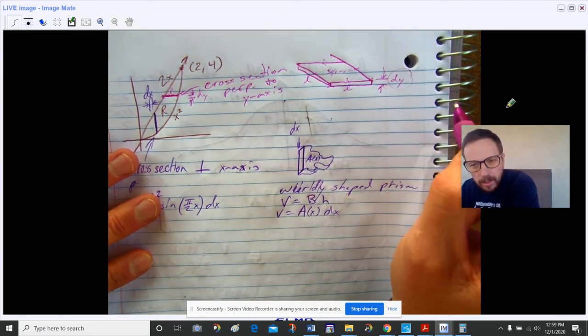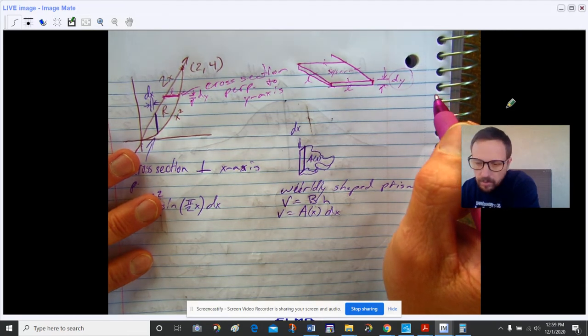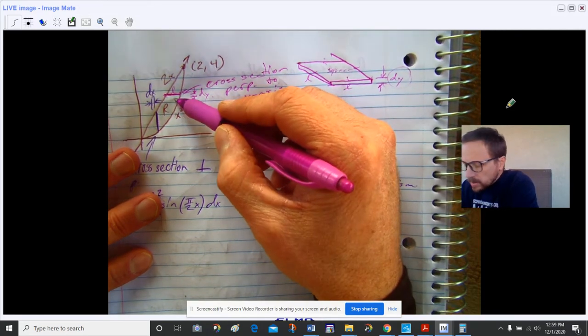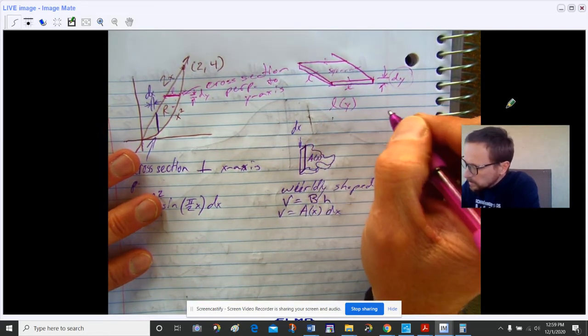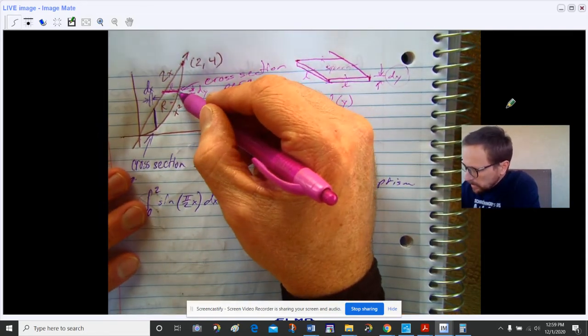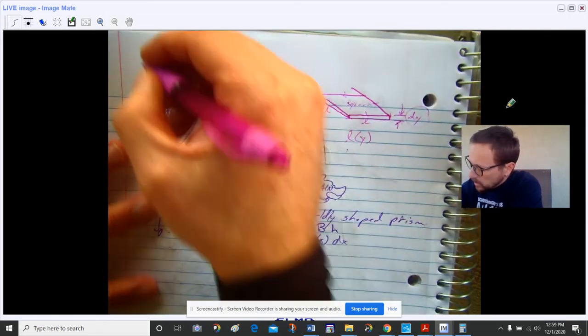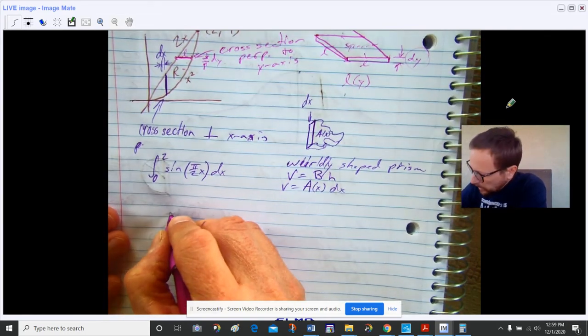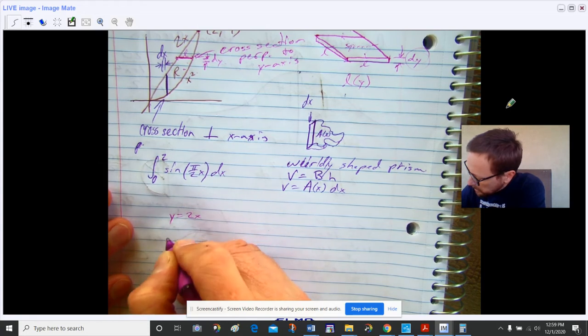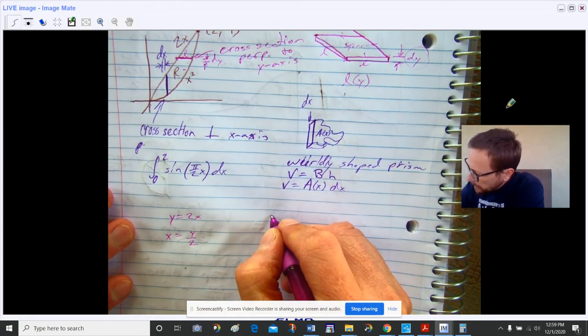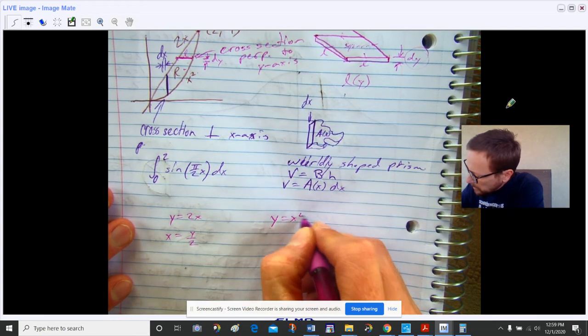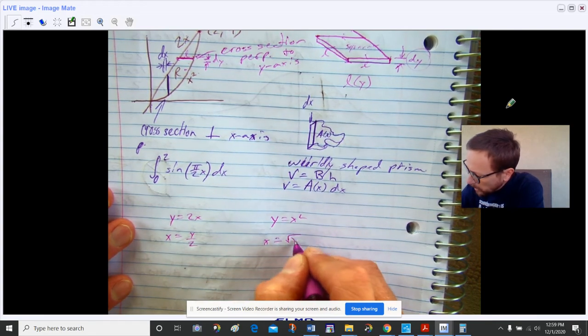Well, if this is dy, then we need to have this L in terms of y. We need L of y. All right, well, these are both in terms of x, so we got to rewrite those. y equals 2x means x equals y over 2, and y equals x squared means x equals radical y.